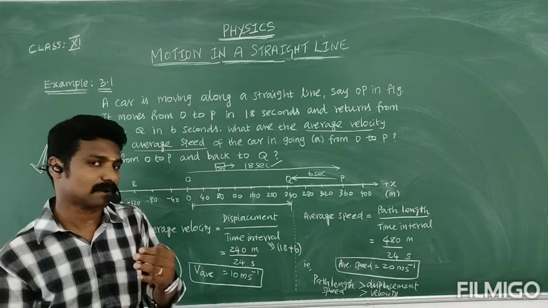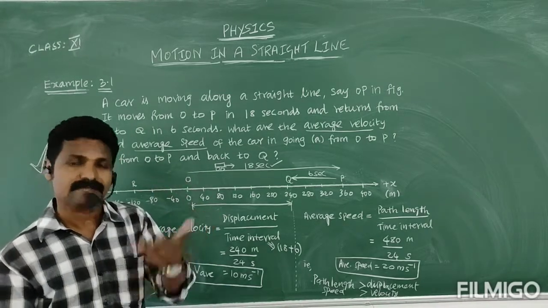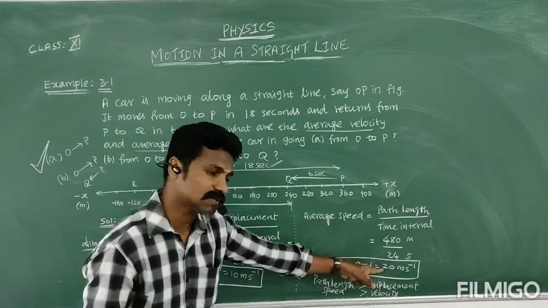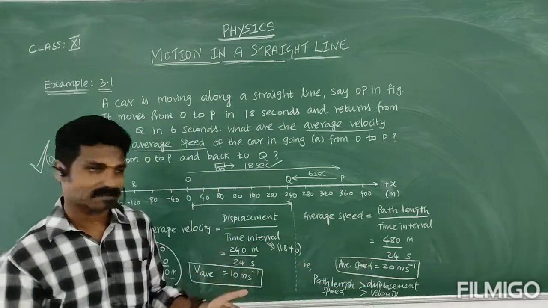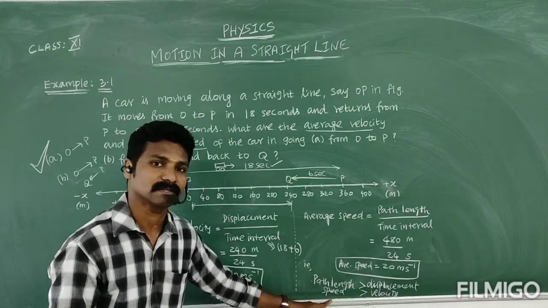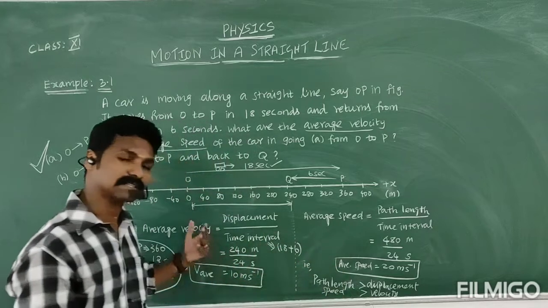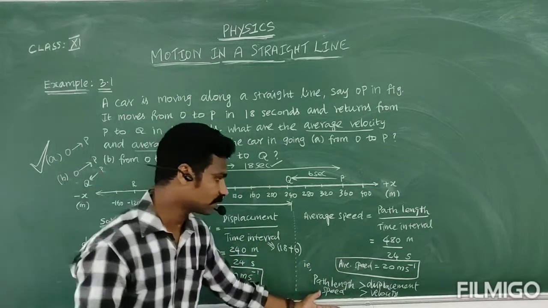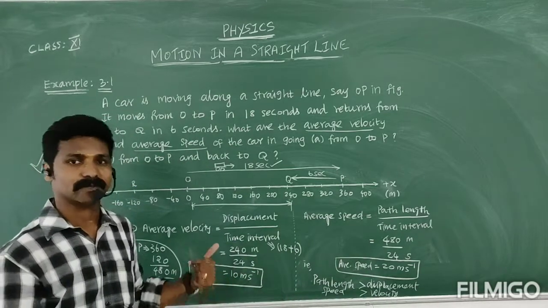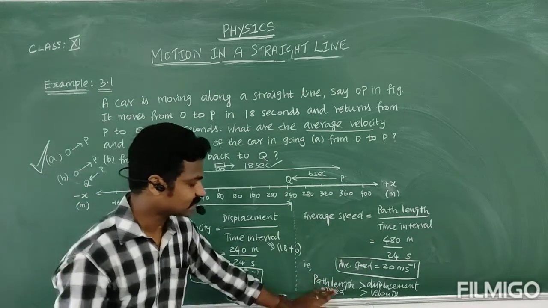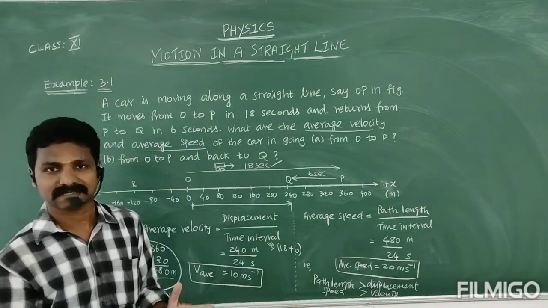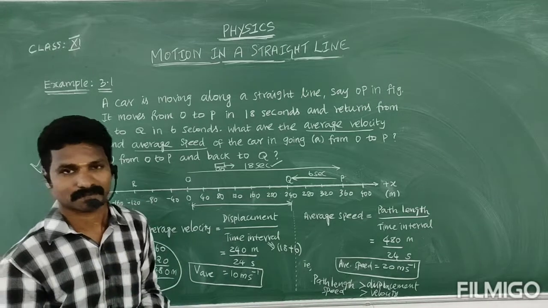Since the path length is greater, the speed is also greater. Here the average speed is 20 but the average velocity is 10. Generally, the speed is greater than the magnitude of the velocity.